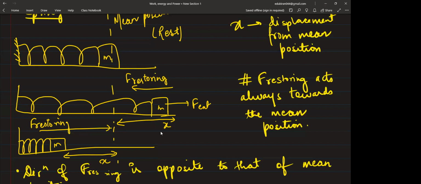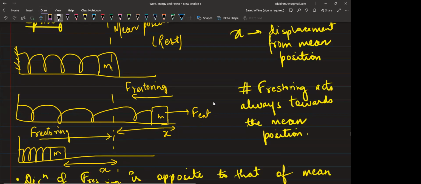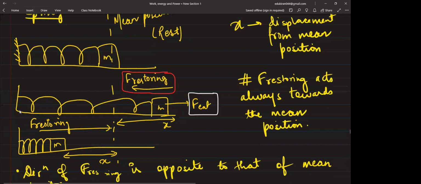Now, due to the external force which was pulling it, suppose I have pulled this block, this is the external force which comes into the system. But associated with the external force, there is always a restoring force acting in the system. All right, a restoring force is always present, which is pointing towards the mean position, so that the block comes back to its mean position.